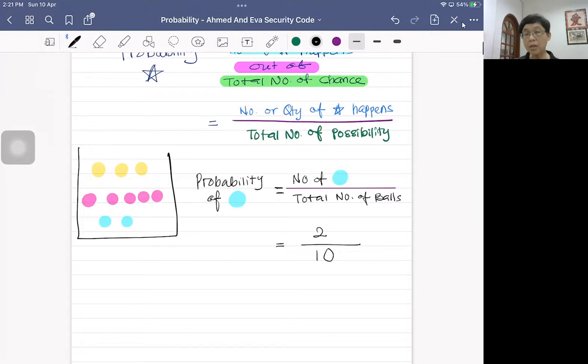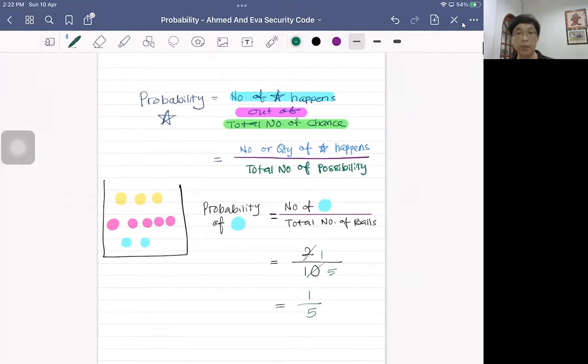So the possibility of randomly picking a blue ball is equivalent to 2 out of 10, and therefore you can simplify that to 1 out of 5. So that's the idea of probability.